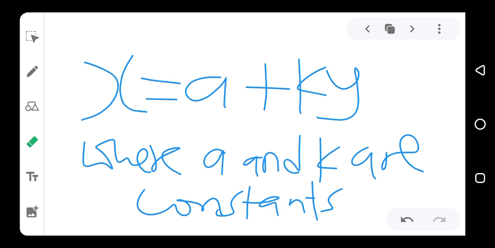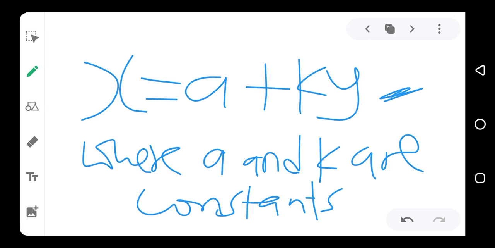They say that from this equation, x is equal to a plus ky. So let's put the value for x when x is equal to 2 and y is equal to 3. So let's put it in this relationship. This is the relationship connecting the constant and the variable.